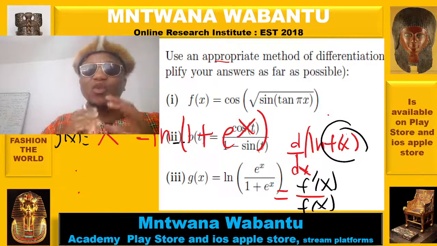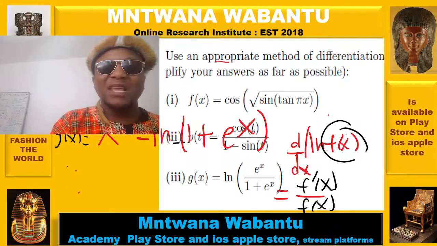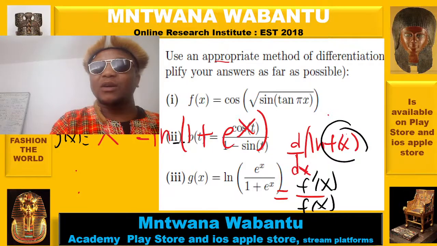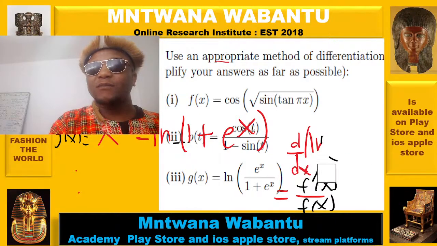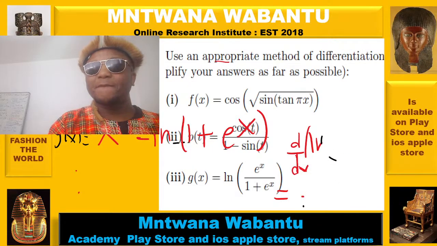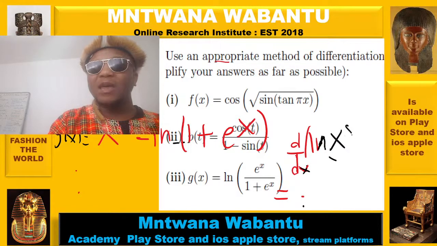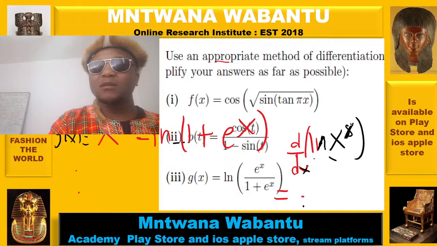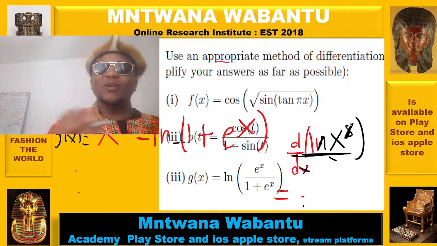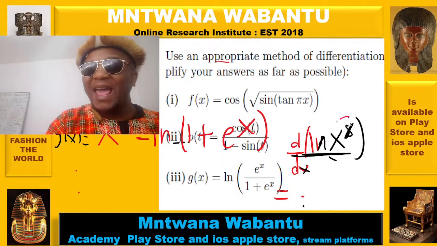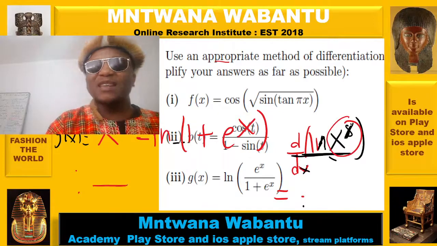A good example, let me show you practically. Somebody gives you, let's say, the derivative of ln x power 8. We know when you differentiate x^8, you must take that and differentiate it and write the answer at the top.